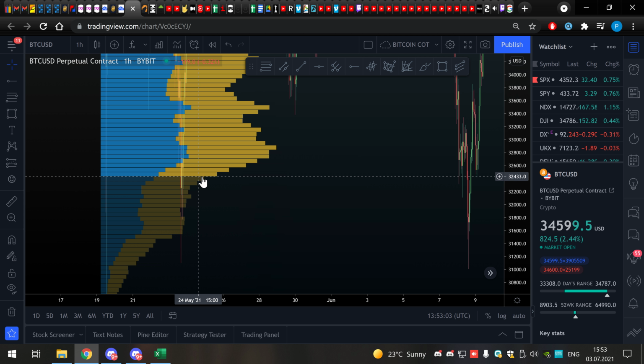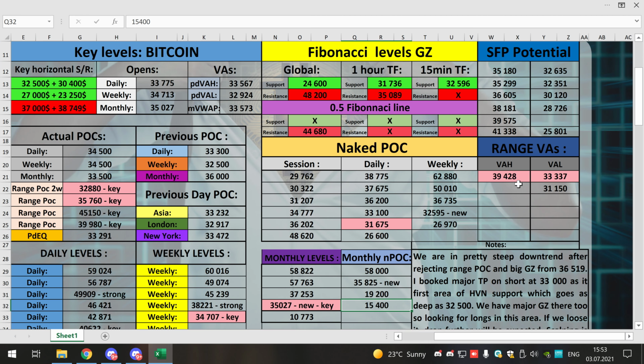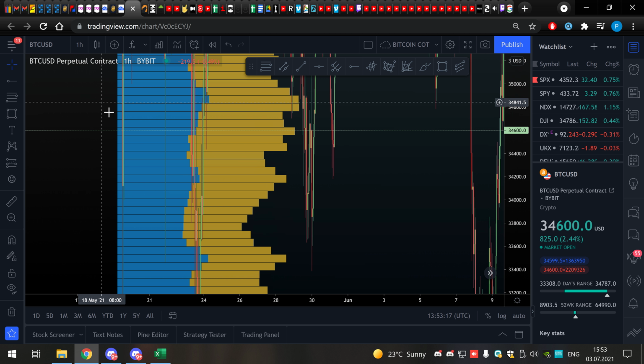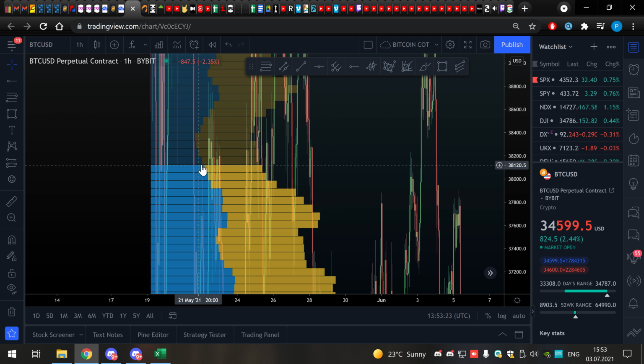Those values are developing, so we need to see. 32,433, value area high. $38,120, 38,120 updated.